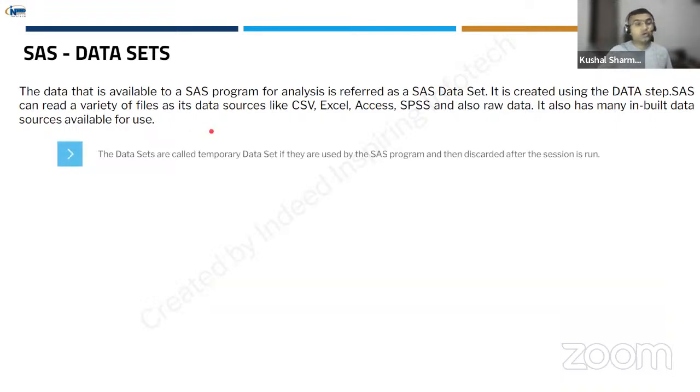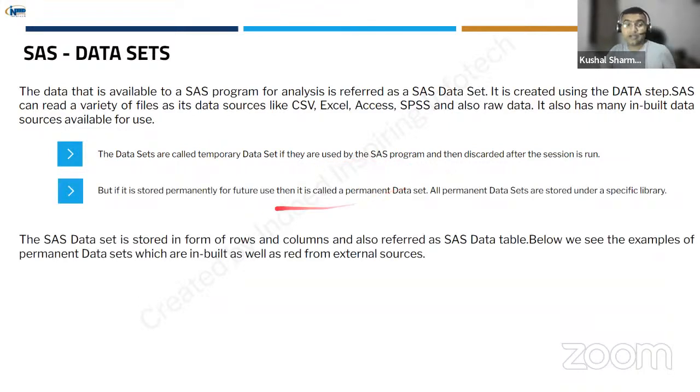The datasets are called temporary datasets if they are used by a SAS program and then discarded after the session is run. But if stored permanently for future use, then it is called a permanent dataset. All datasets are stored under a specific library. So here also you can have some MCQ questions about what is a temporary dataset and what is a permanent dataset.